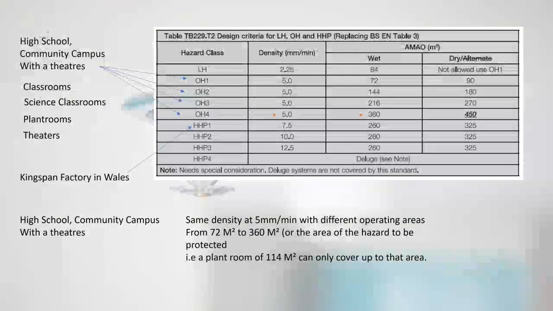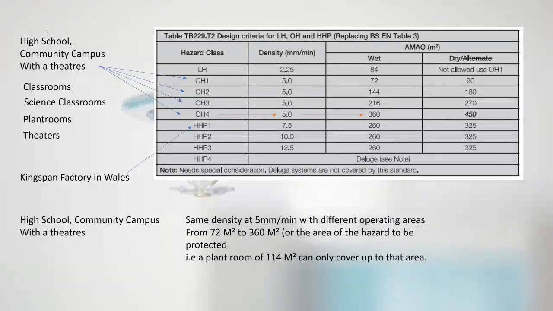You move along, the density is 5 millimetres a minute, and for a wet system it's 360, and for a dry system it's 450, and that's the maximum area of operation. The pumps would have to be sized for 5 millimetres a minute over an area of 360. So a quick working out of that: the density times the area gives you the flow required for the pump, 5 times 360. You're getting quite a lot of water at that stage.